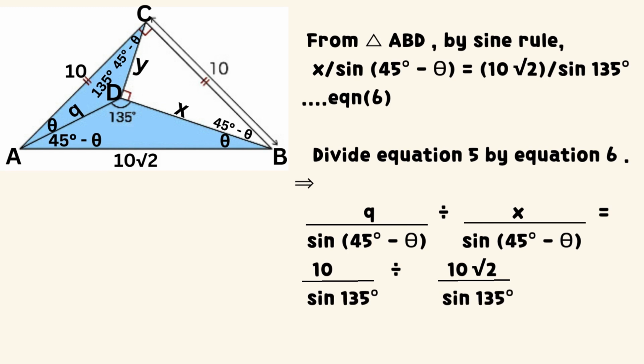Divide equation 5 by equation 6. It implies that the ratio of q divided by sine of 45 degrees minus theta to x divided by sine of 45 degrees minus theta equals the result shown on the screen.